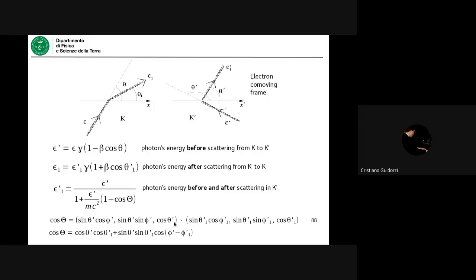So if we work out the scalar product, meaning this times this plus this times this plus this times this, it can be rewritten this way.